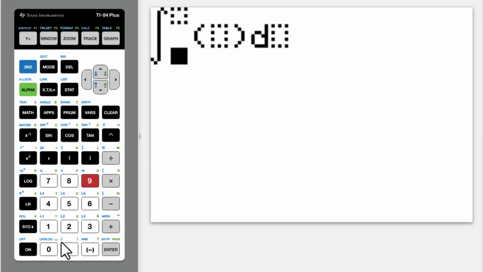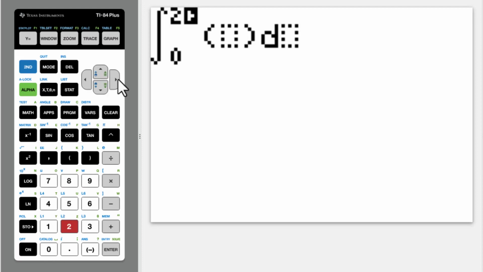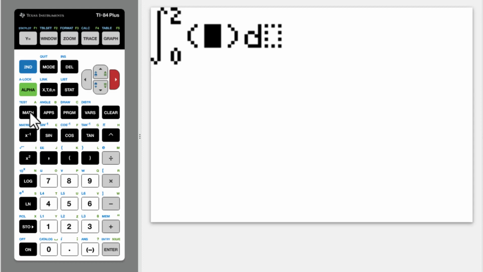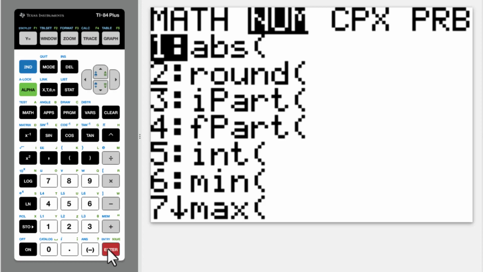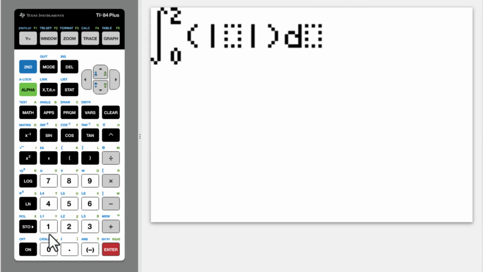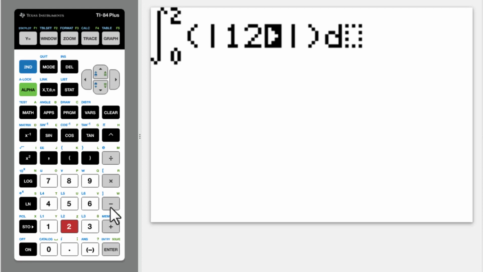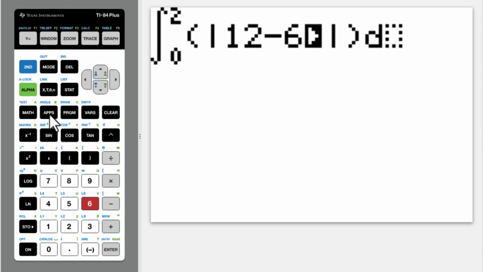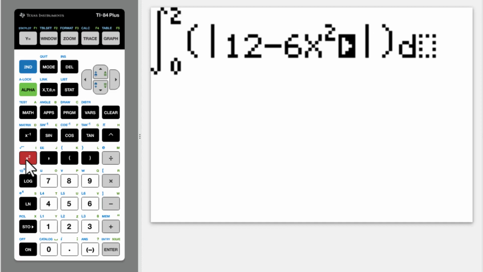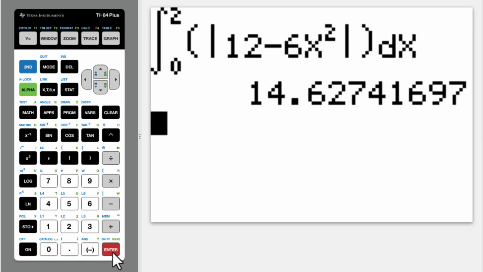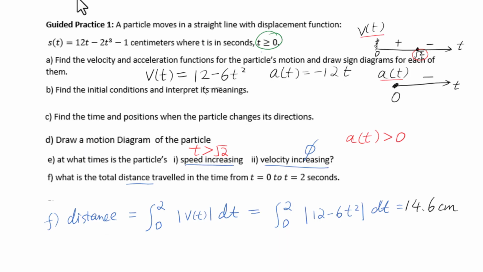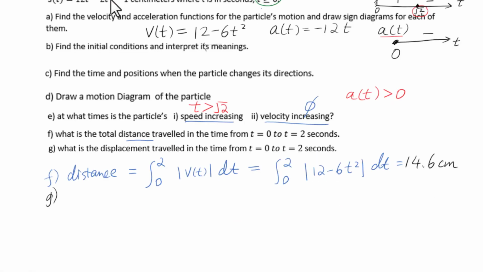Press Math 9, from 0 to 2. For absolute value, go to Math, Number, Absolute Value. 12 minus 6x squared dx equals 14.6 centimeters.